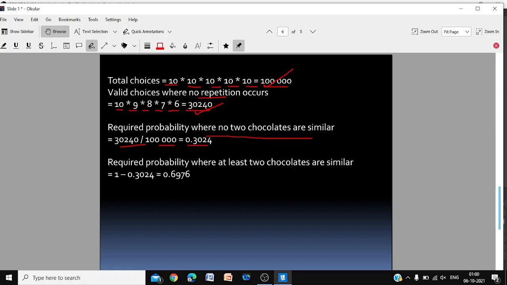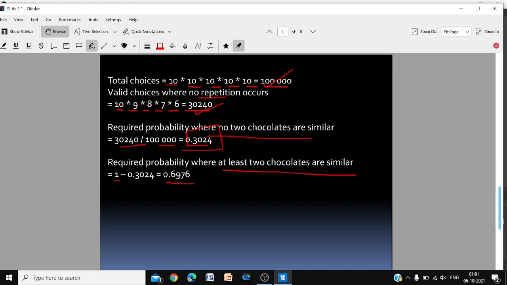And the probability where at least 2 chocolates are similar, that would be total 1 minus this much, where there are no repetition. If you subtract this, then you will get where there are repetition, where there are 2 or more repetitions, where you get 2 chocolates or 3 chocolates or 4 chocolates of the same kind.